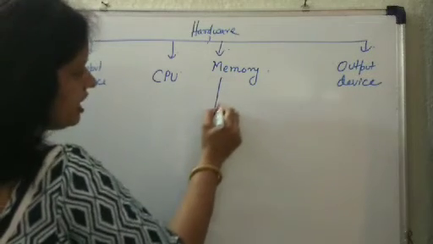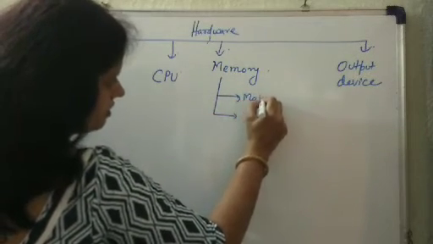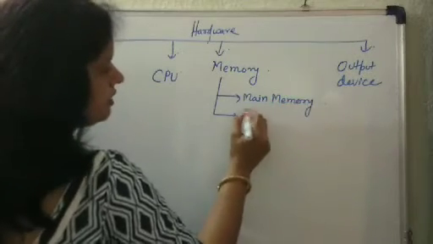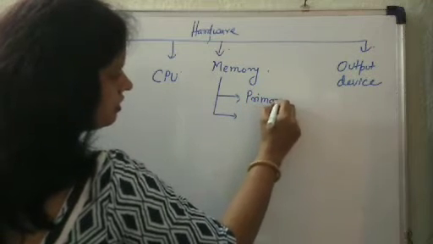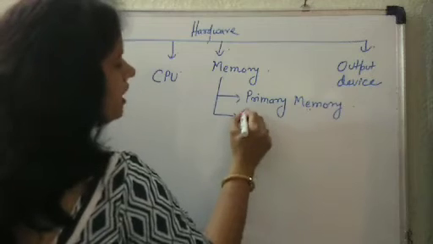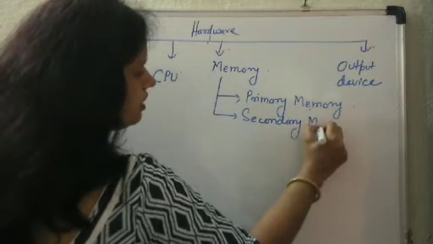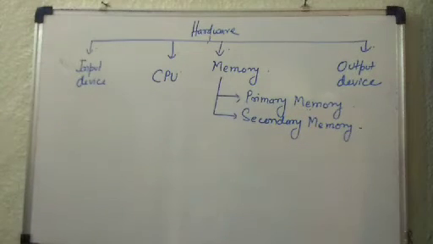This memory you can divide into two parts: main memory, that is called the primary memory, and secondary memory.